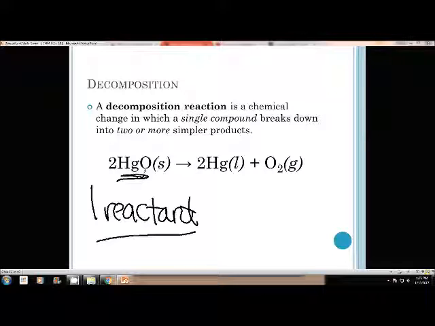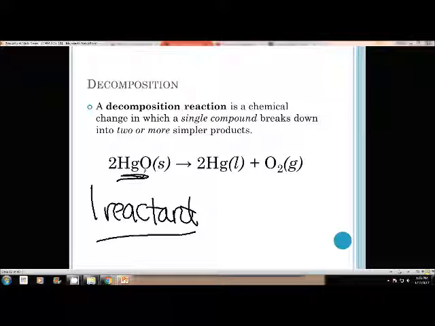Yesterday, the hydrogen peroxide reaction we did in that lab, that was a decomposition reaction. Because you only put one thing into the reaction, and you got out many different things.